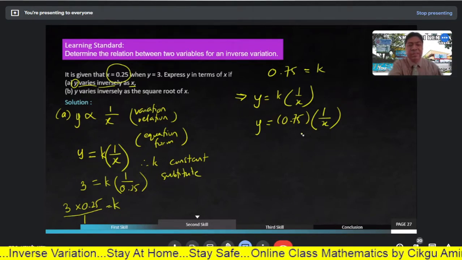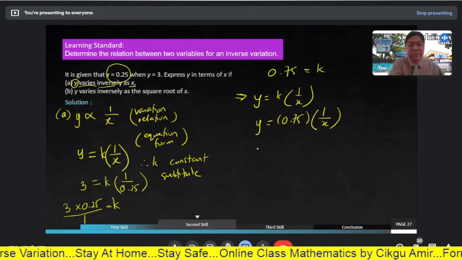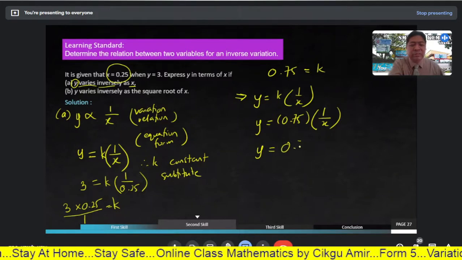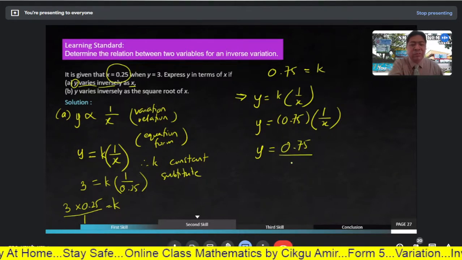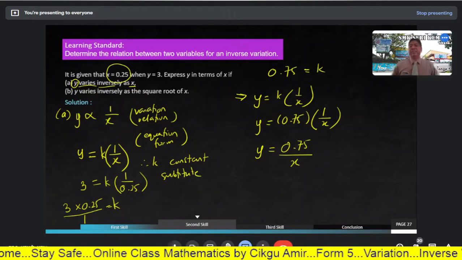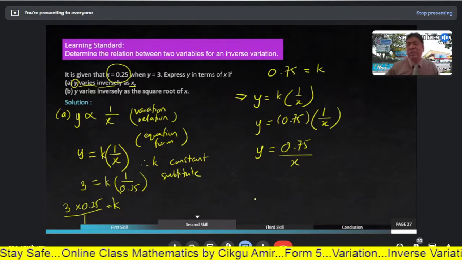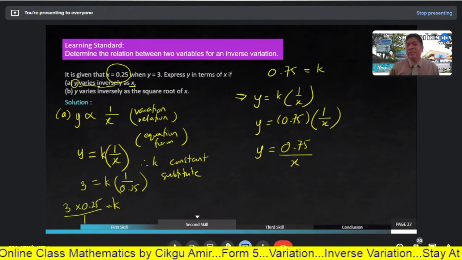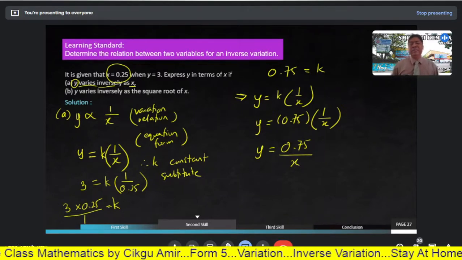Then we solve this, we have y equal to 0.75 over x. This is the solution for A. Y varies inversely as x.